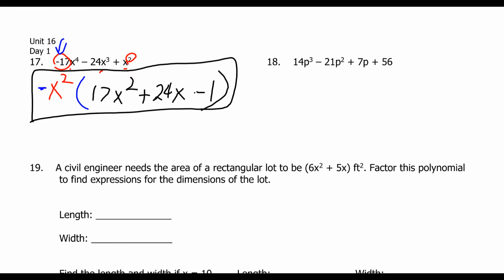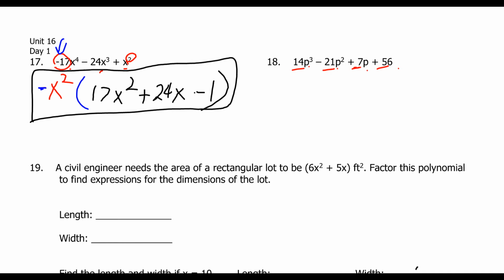Now, number 18. Number 18 talks about, let's see, we've got 14, 21, 7, and 56. Now notice we don't have a P on all of those, so that means we're not going to be pulling a P out of this.